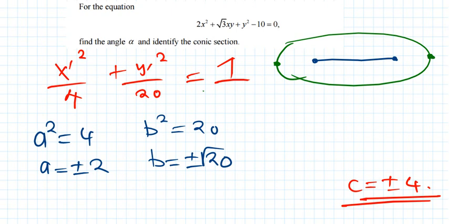Okay, so which one is bigger between C and A? C is bigger, so this is going to represent the vertices, right? Okay, is it true? Are you doubting? Are we on the same page? Okay, so the fact that this is actually along the y-axis is one point that you should keep in mind. Okay, very, very important.